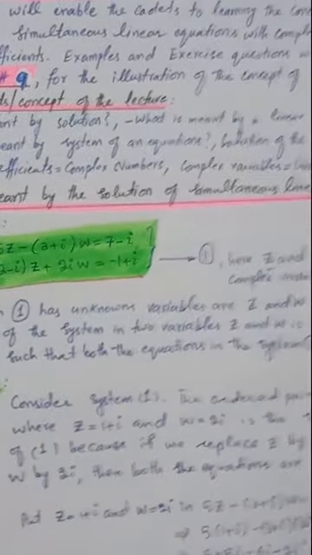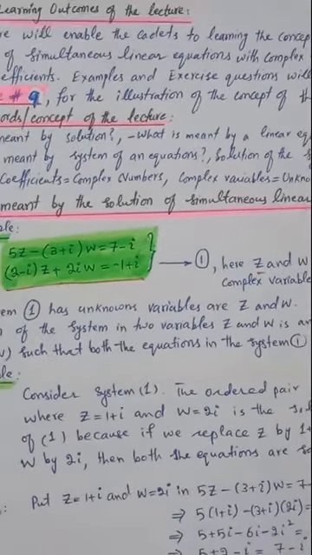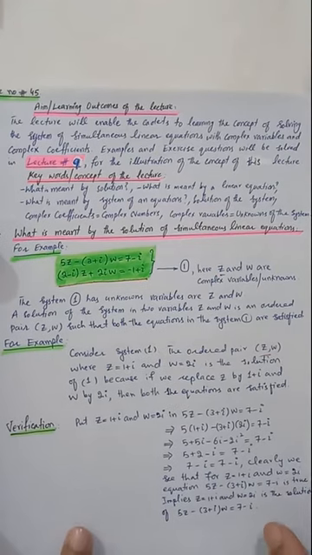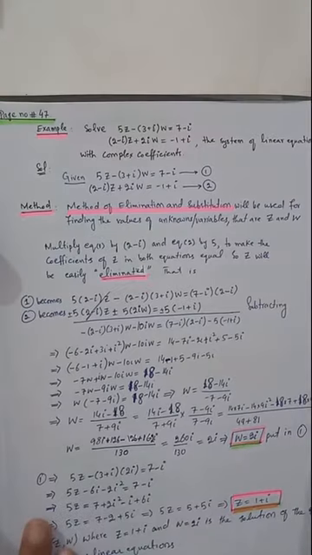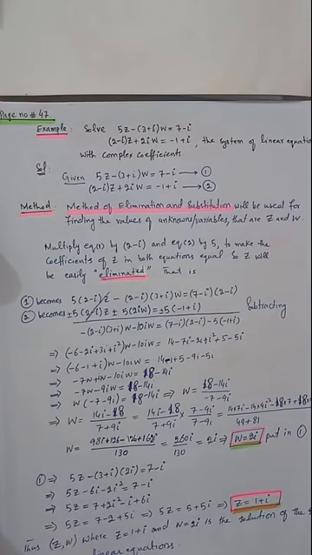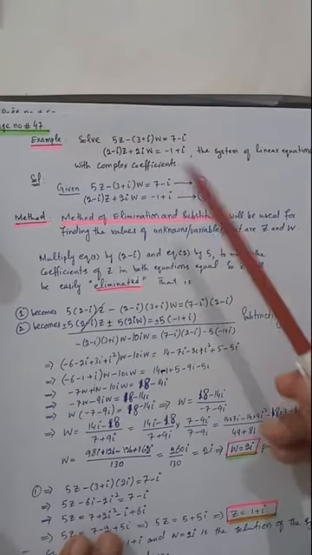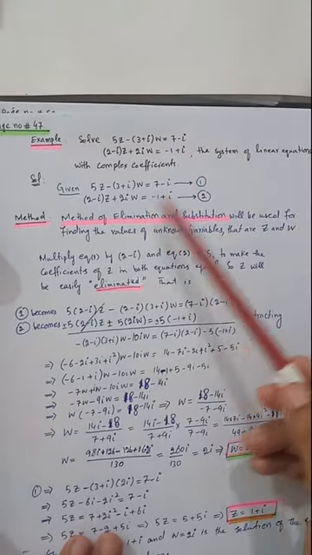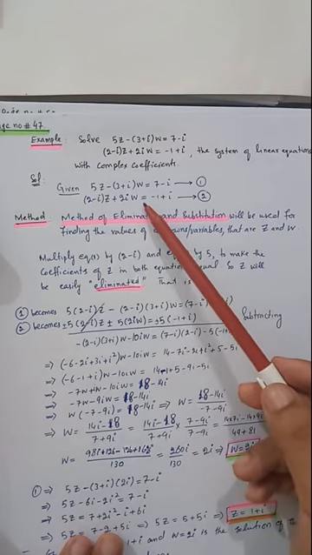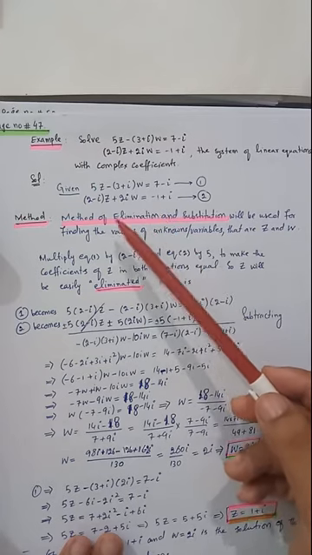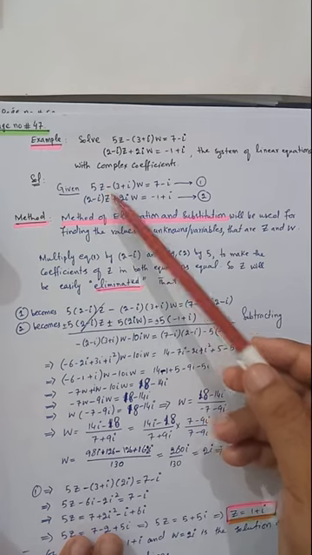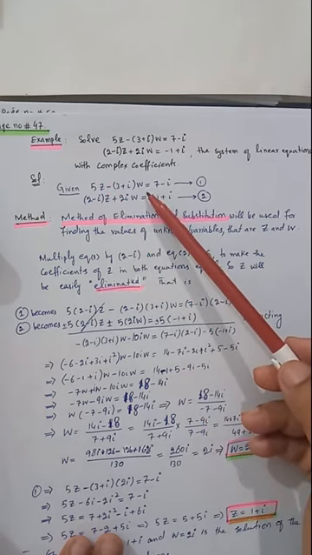So this is the whole idea of this topic. Now moving toward exercise 1.3, question number 1. Now if you see the example, I solved this example. So now you see that this is a system. I need the value of w and z, so I need to equate the coefficient of z or equate the coefficient of w.